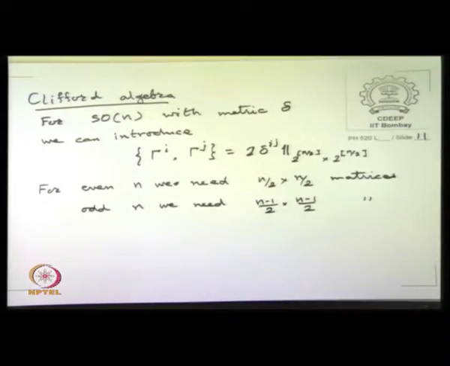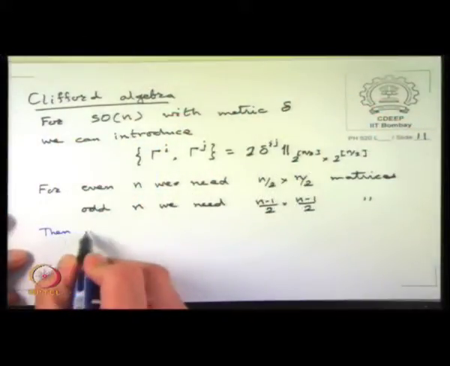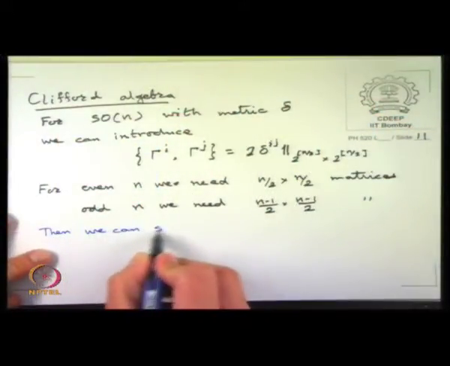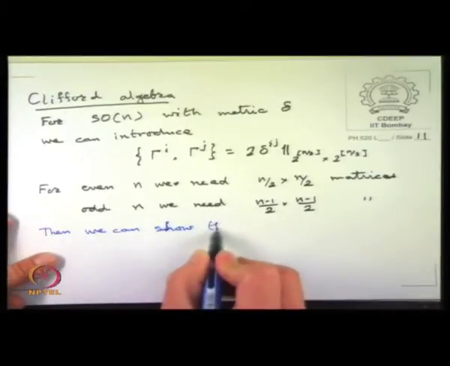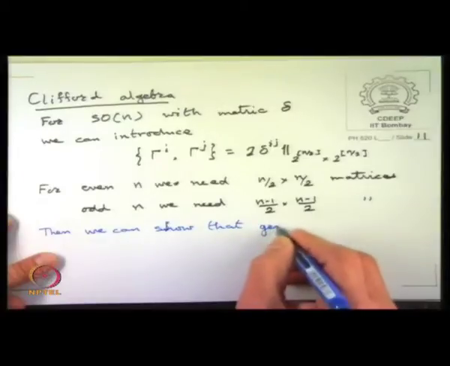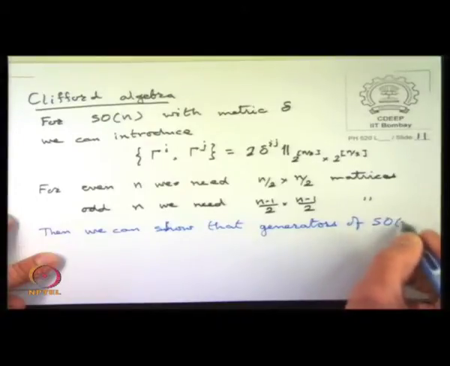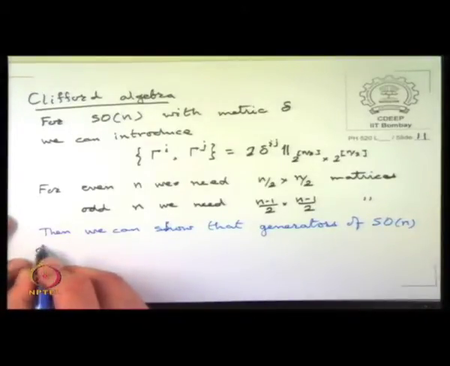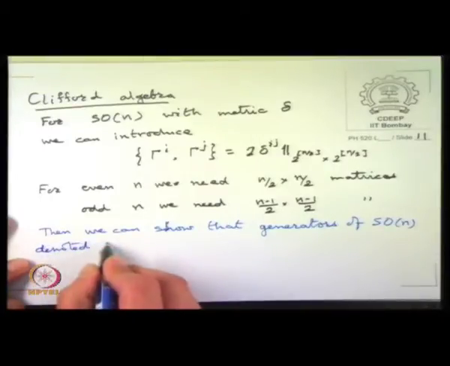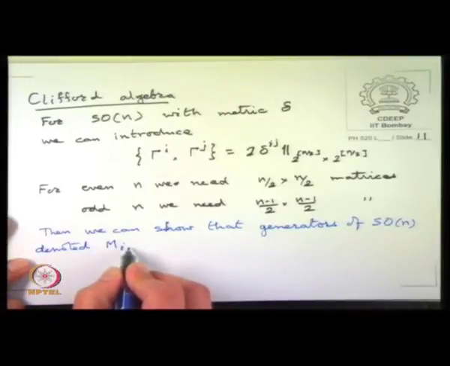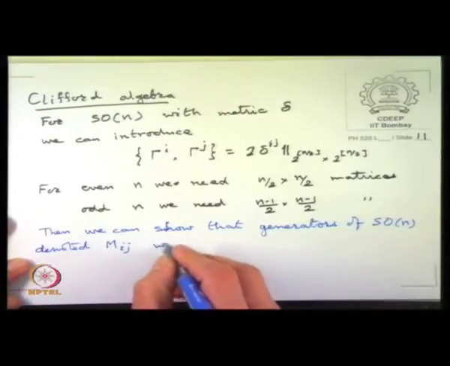The main connection between this and the group SO(n), which leaves the delta matrix invariant, is that the rotation generators of SO(n), denoted Mij with i equal to 1 to n.